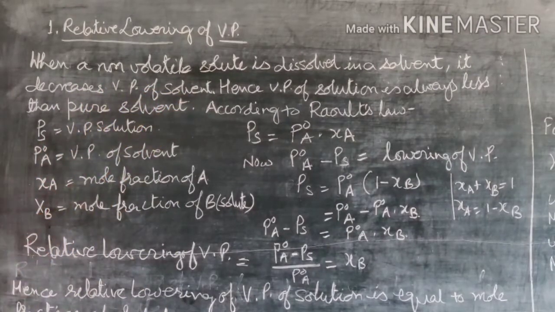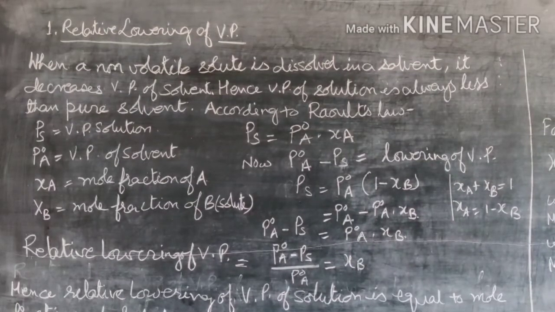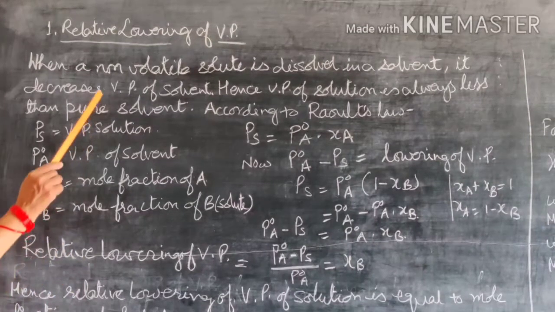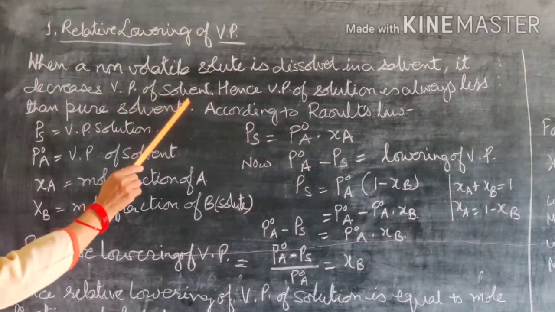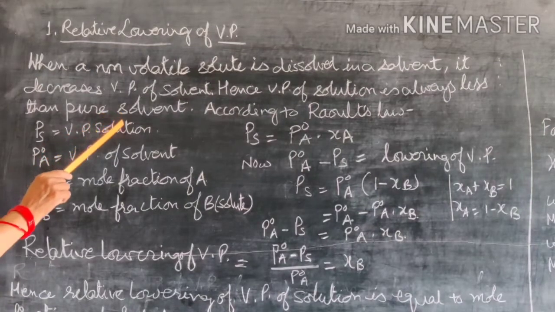So we can say the vapor pressure of a solution is always less than that of the pure solvent. I am repeating, when a non-volatile solute is dissolved in a solvent, it decreases the vapor pressure of the solvent. Hence, a solution always has less vapor pressure than the pure solvent.